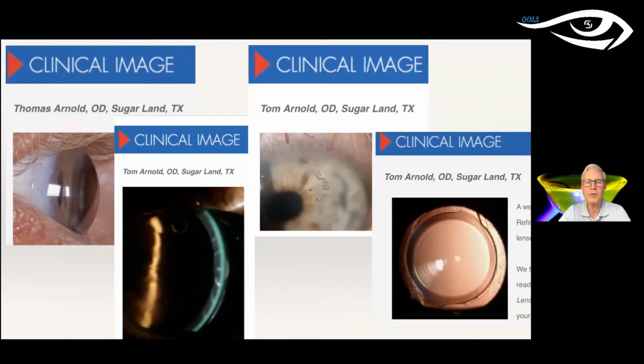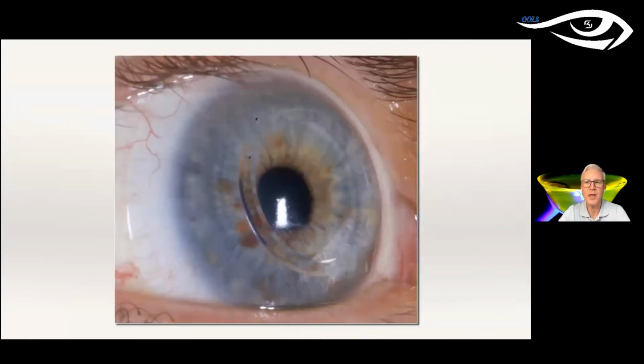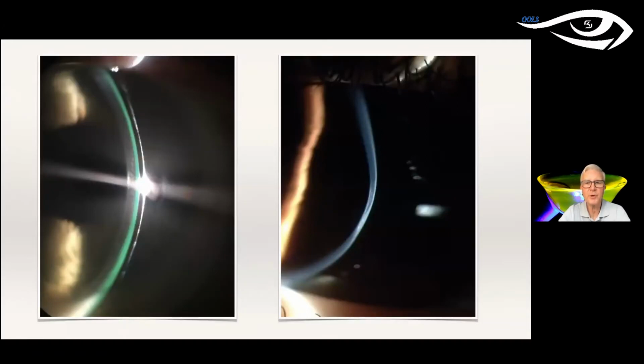I alternate with 3 other doctors, putting a picture up every month and giving you the opportunity to analyze it and share your thoughts, share your guesses about what it is. So you can look for that. You can learn a lot from taking pictures, a lot about the fitting of your lenses and the conditions of some of your patients. And I'll share some of these ideas with you here today.